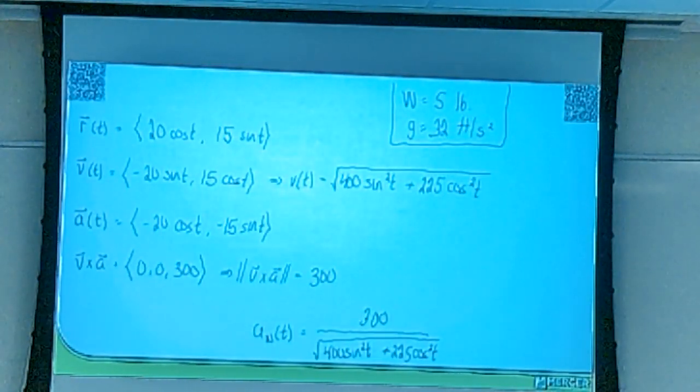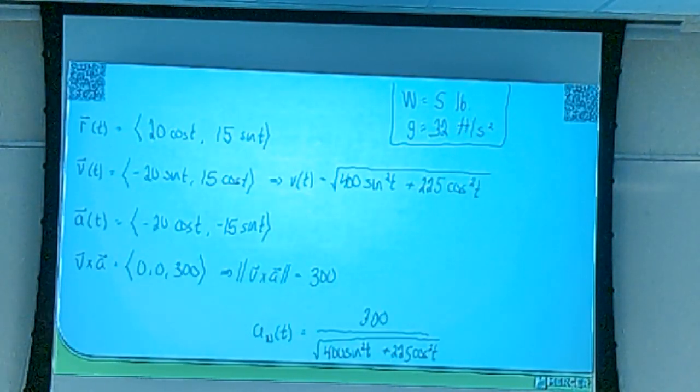But what's sine of 0 and sine of pi? Both are 0. What's cosine of 0? What's cosine of pi?